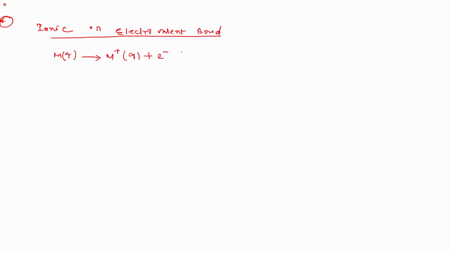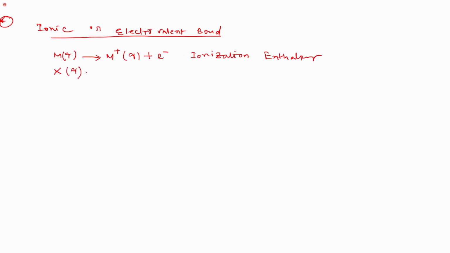So this is the ionization enthalpy. Whatever electrons are given out from the metal, suppose it is sodium, sodium forms Na plus and gives 1 electron. So by releasing 1 electron, it forms the cation. So this is the ionization enthalpy.